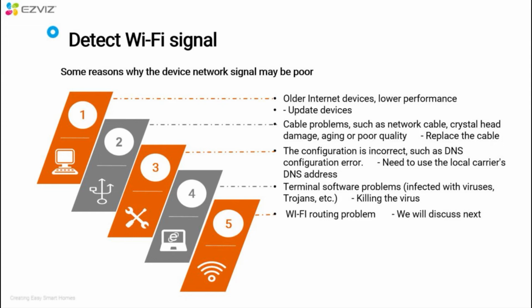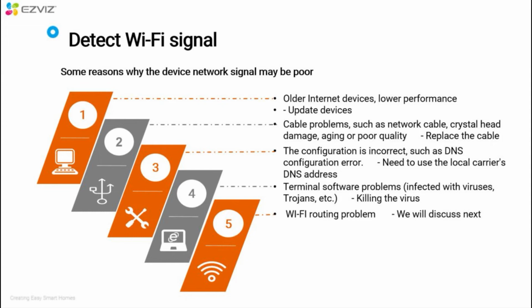And the second one is about the network cable, or the crystal head damage, or aging, or the poor quality. So it's time to replace the cable. And the third one is the configuration is incorrect on your internet devices, such as DNS configuration error.